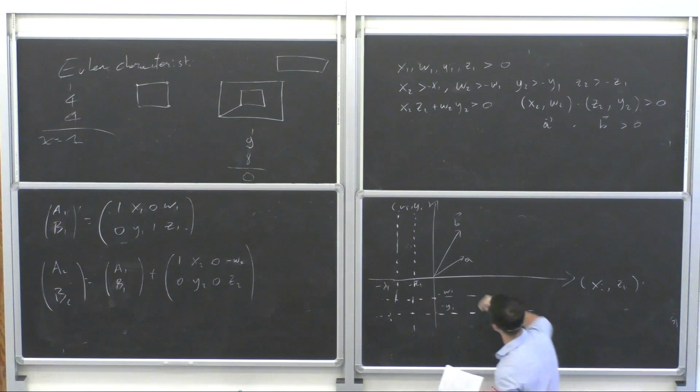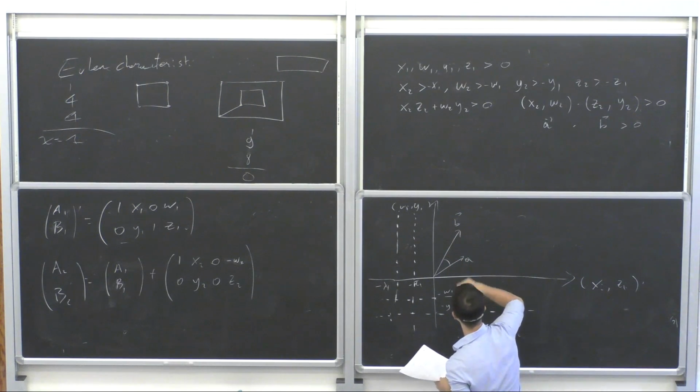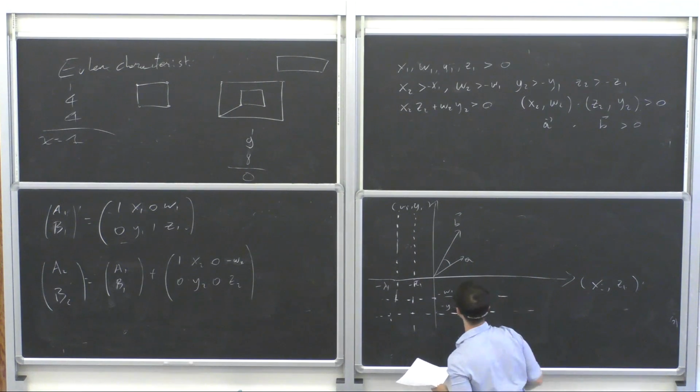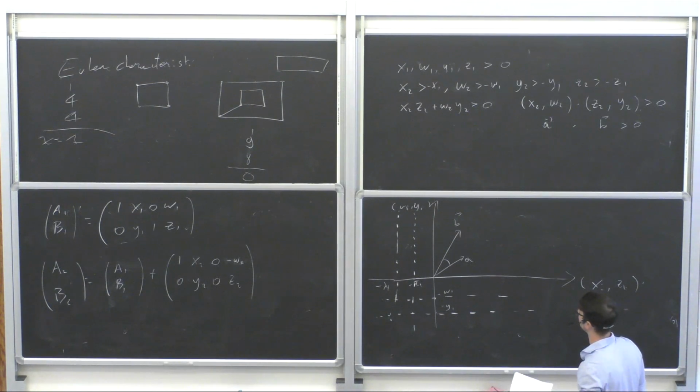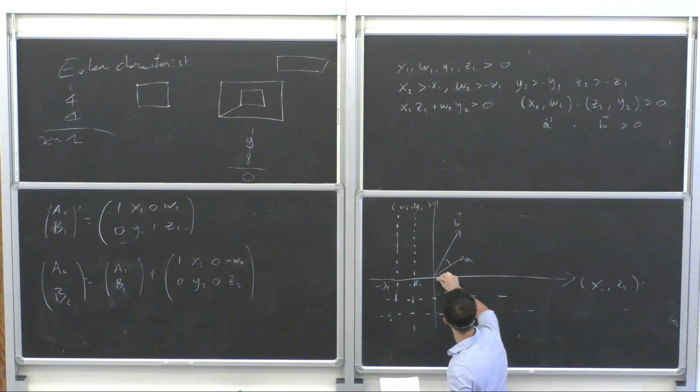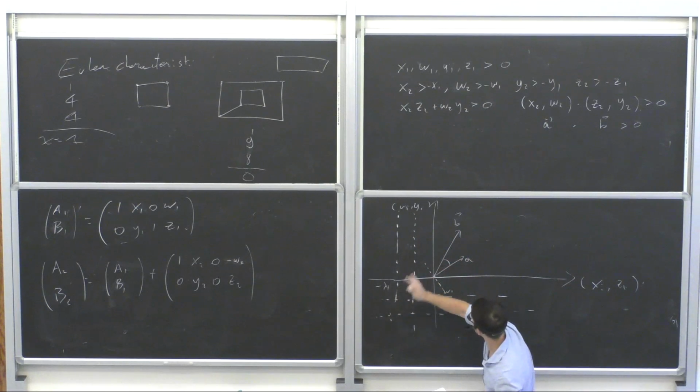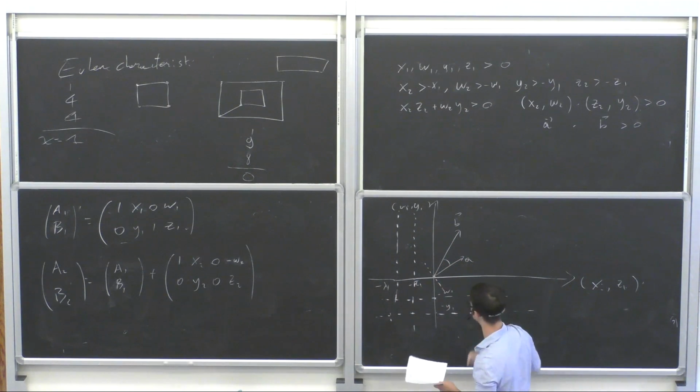And then this angle must be smaller than 90 degrees. The scalar product must be positive. So let's say if I fix A, B cannot go over this line here.